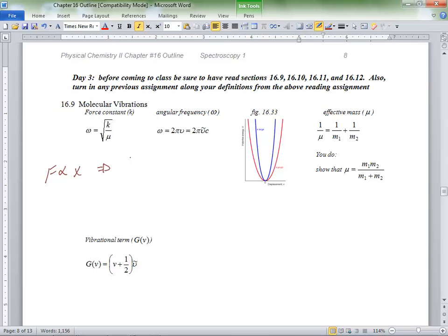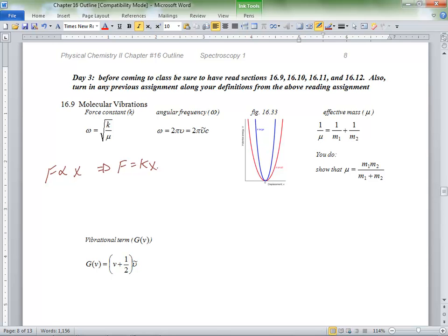Put in a constant, F equals Kx. Small displacement, huge K, what F then? Just make K bigger and bigger. What does that mean? You need a bigger and bigger force. That means the spring is really, really strong, right? So it's hard to stretch that thing.